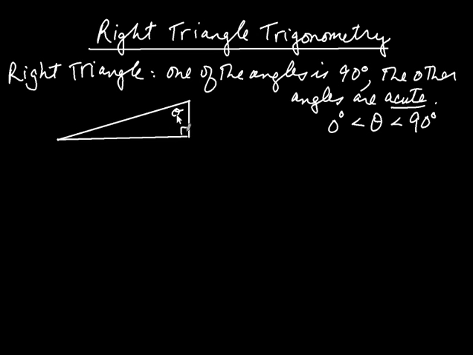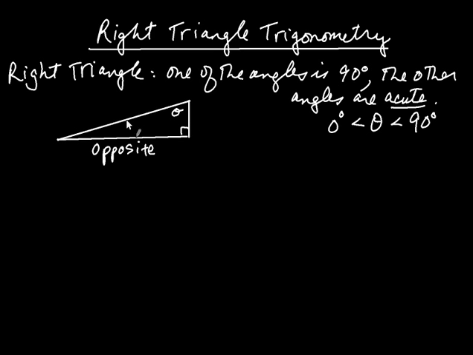The side opposite the angle, so I drew theta right here, right? The side opposite this angle would be this side, okay? And we call that the opposite side. And the side that's right next to the angle, now you might say, well, which one?